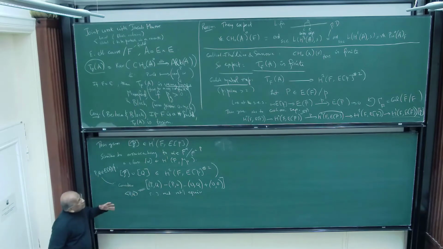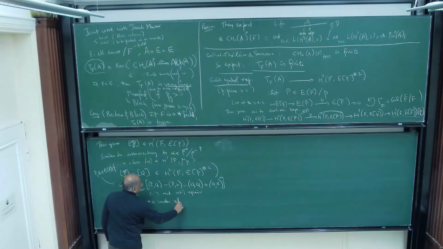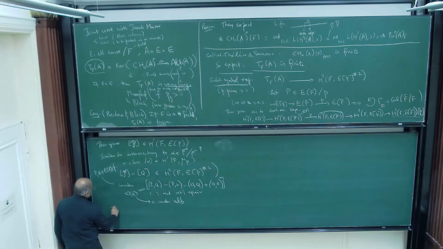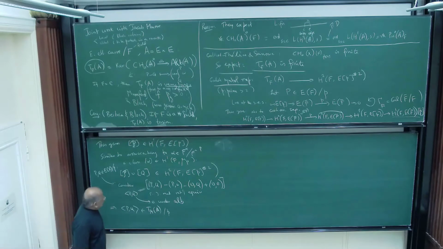And by the parallelogram law for abelian varieties, you see that this thing maps to 0 under Albanese. So it is actually in T. You can take it mod P because we're taking everything mod little p.